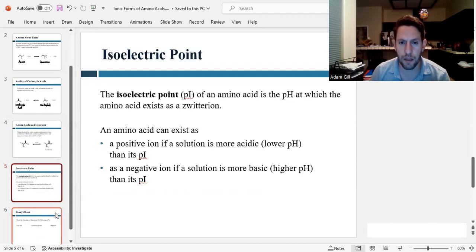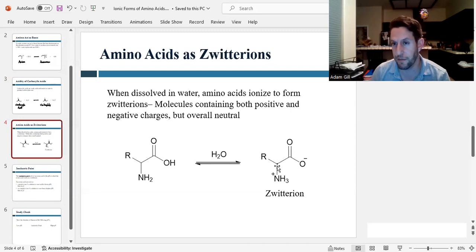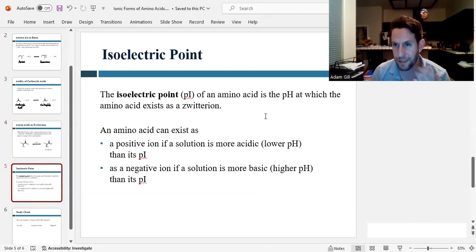Now, the isoelectric point is the specific pH at which the amino acid exists in this form. For most amino acids, it's like a neutral pH. It's around 7. But if you dissolve the amino acid in an acidic solution, it can form a positive ion.